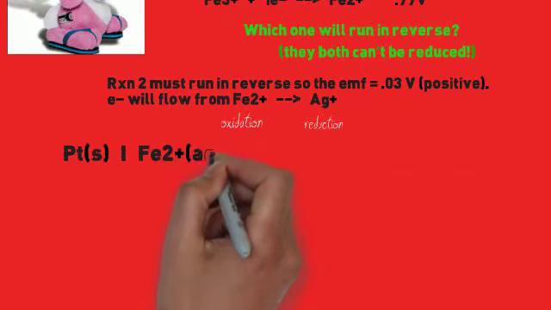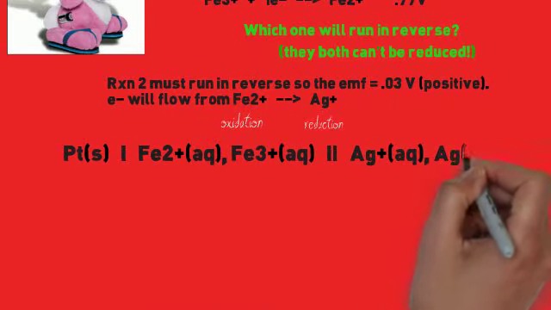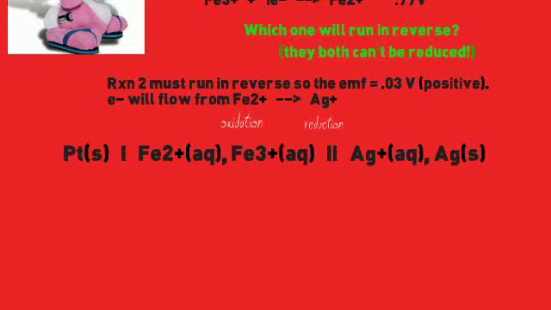How would we write this? Platinum, solid, and then Fe2+ ends up as Fe3+, that's the change, double line. Silver +1 ends up as silver solid. We have to have the platinum because the iron remains as an ion both ways.